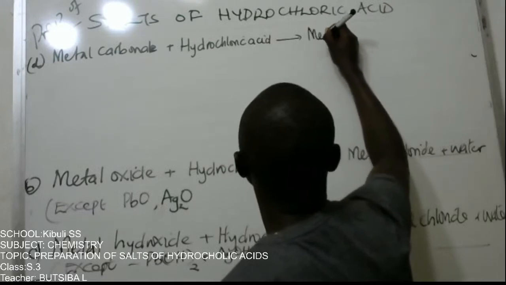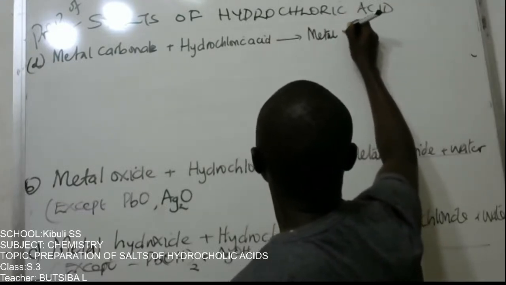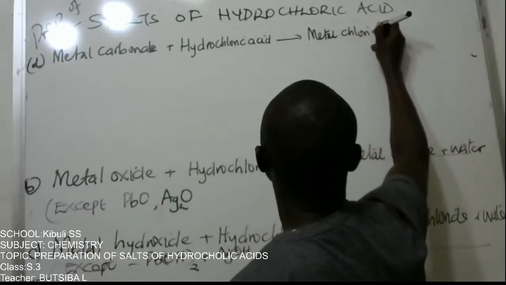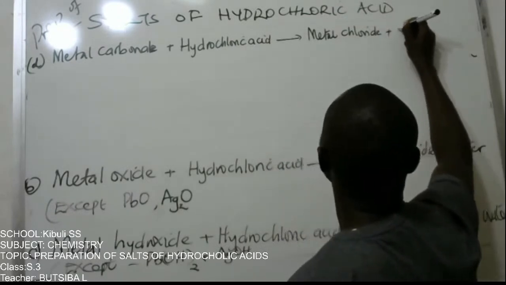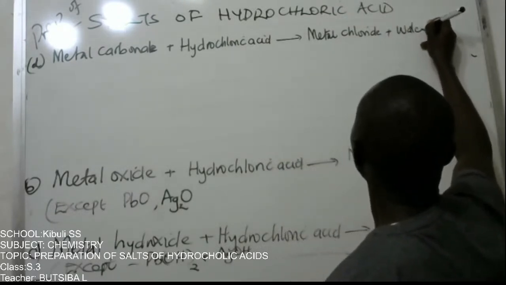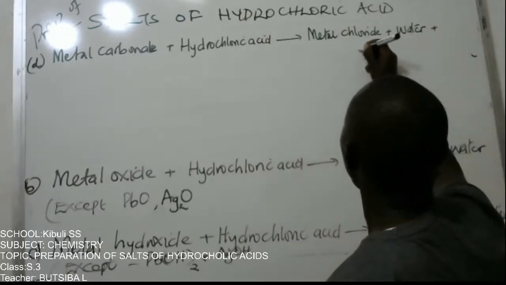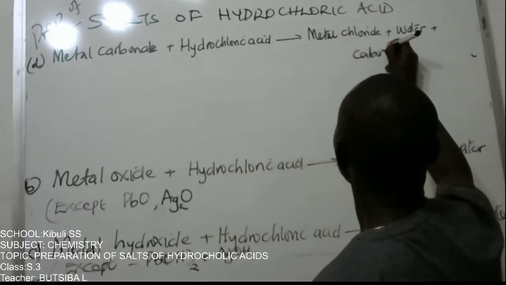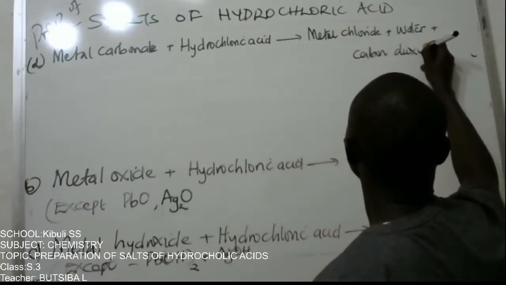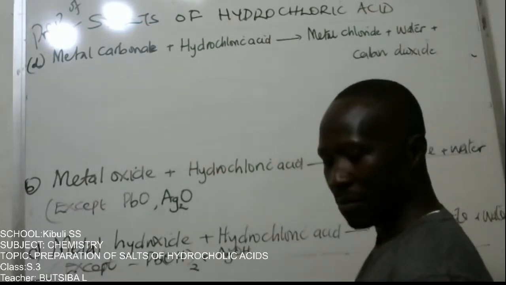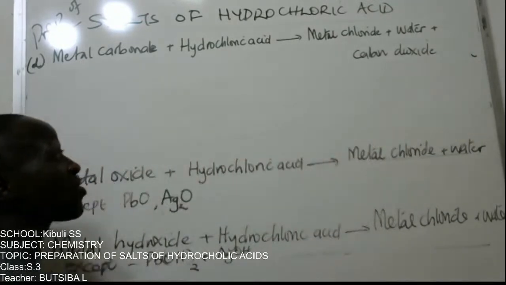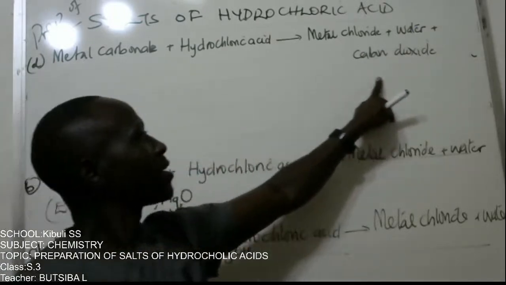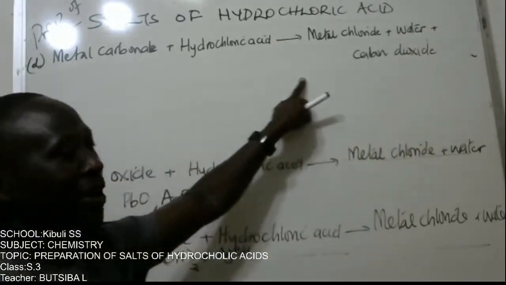Number one, metal chloride of your own choice. We shall have water. We shall also have carbon dioxide. So what do you see this time? Bubbles of a colorless gas. This reaction is very common in a practical.